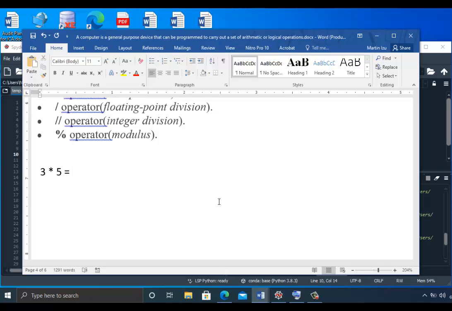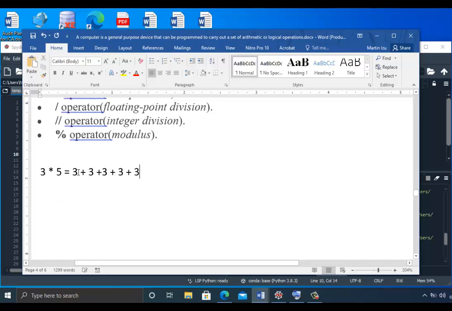Whether you take it from the right or from the left of the operands, in between the two operands, your answer will still be what? The same. So let's look at the two scenarios of 3 times 5, what it really means. What this means is 3 plus 3 plus 3 plus 3 plus 3.